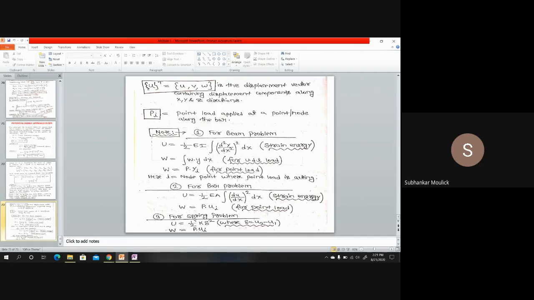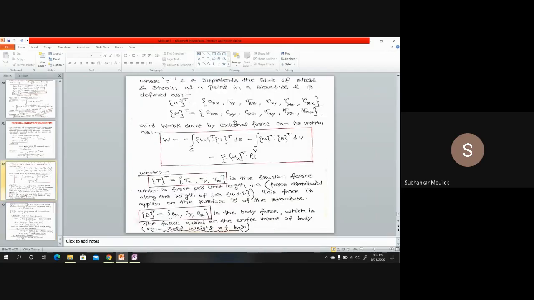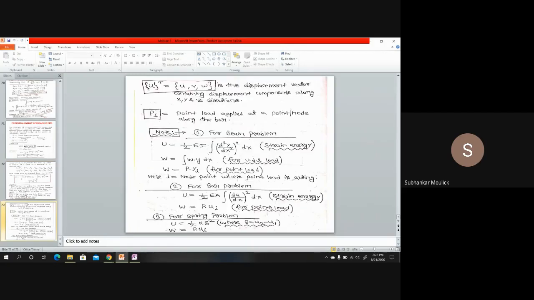So on the basis of different types of problems, I have to use different equations for U and different equations for W. That means different equations for work done due to traction force, work done due to body force, and work done due to point load. With this, the potential energy concept is over.